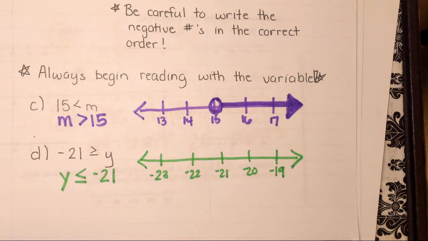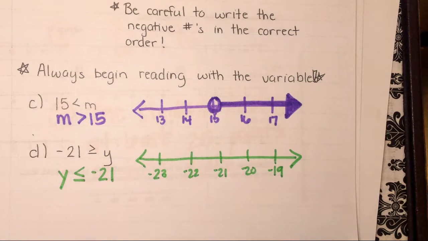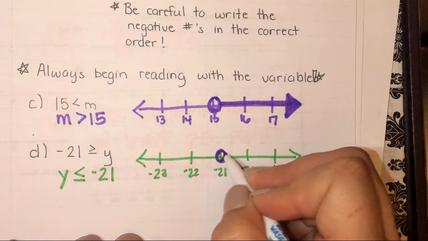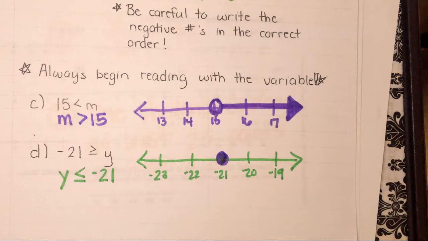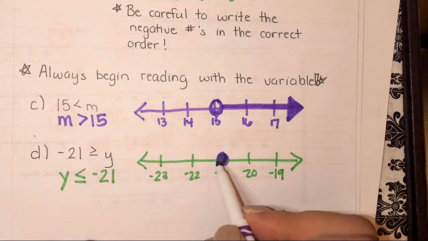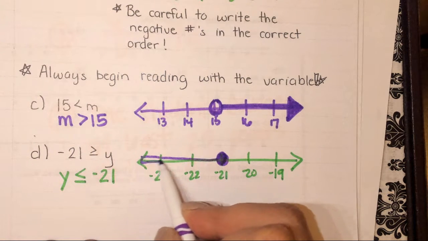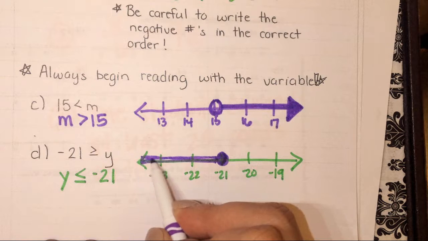And again, when you do your number line, just a couple of numbers before and a couple of numbers after is plenty. Okay, we'll have an open or closed circle. Closed, because that line, it also includes negative 21. Does that mean we color in our circle? You color in your circle. Okay, do I shade into the left or right? Left. Okay, because it is pointing that way. Well, it's pointing that way, but it's also less than.